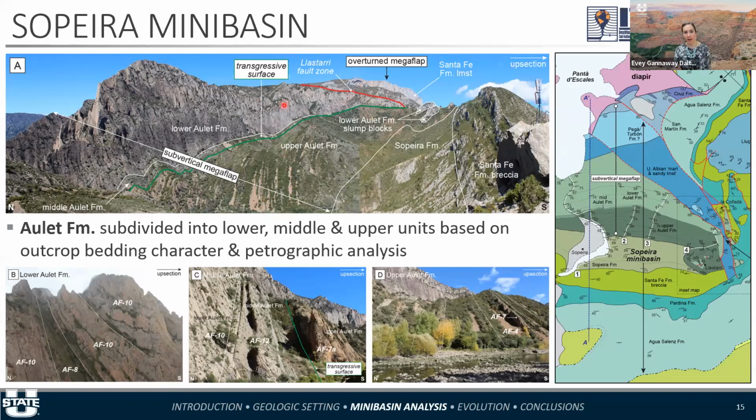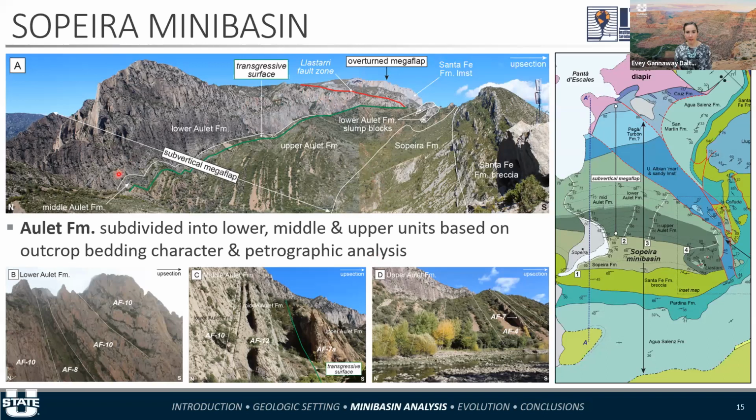Again, this is our Sopera mini basin to the south of the Aulet Diapir. So just giving us a focused view of our geologic map here, the Aulet Diapir and the Sopera mini basin. Here's that same photo pan that I showed you earlier. It's annotated now. So we've got this subvertical megaflap here. I've also highlighted where that ends in the Ustari fault zone, and we actually move into our adjacent San Gervas mini basin.